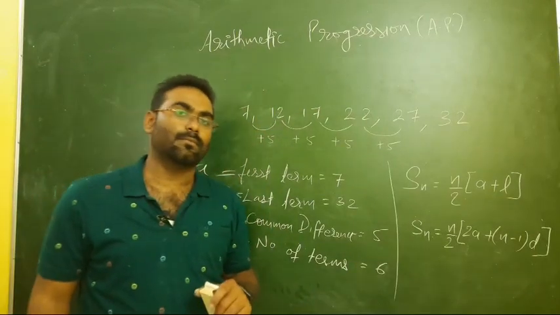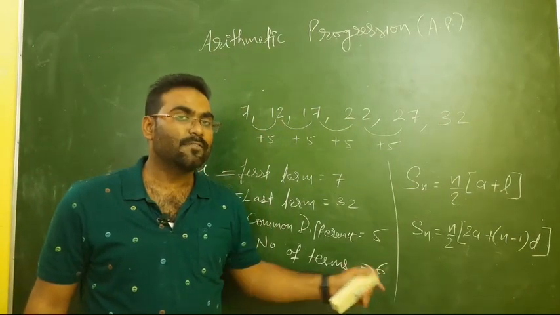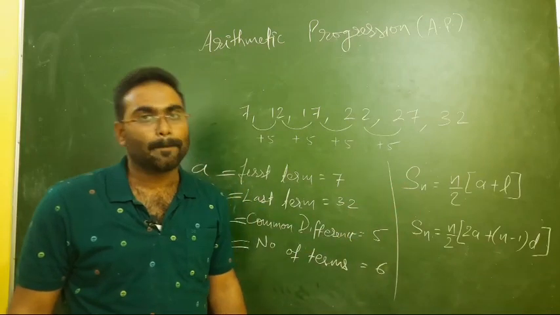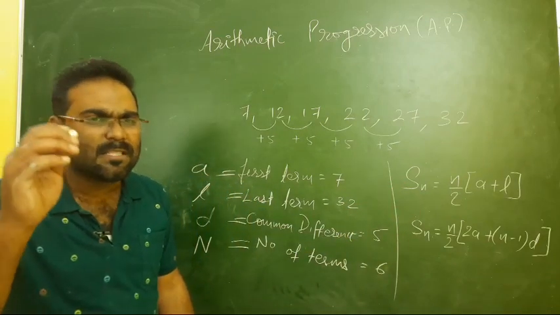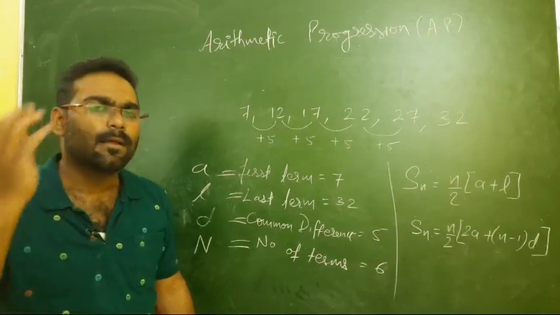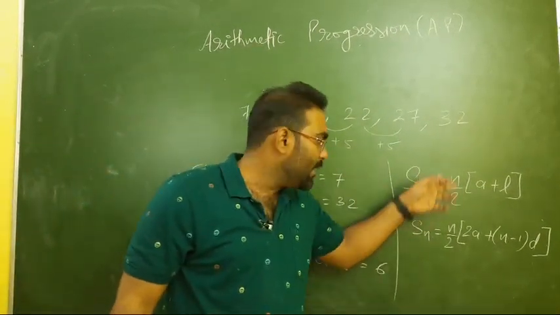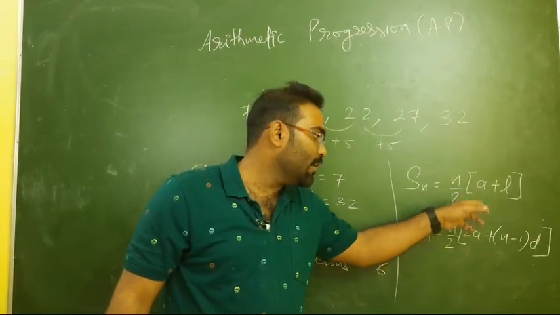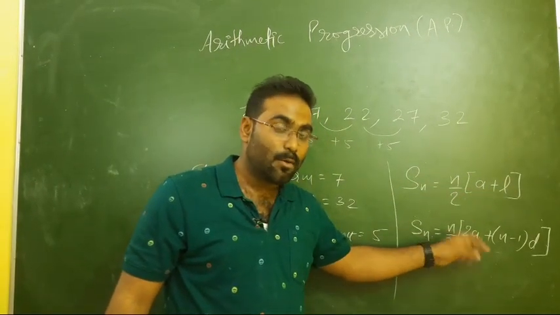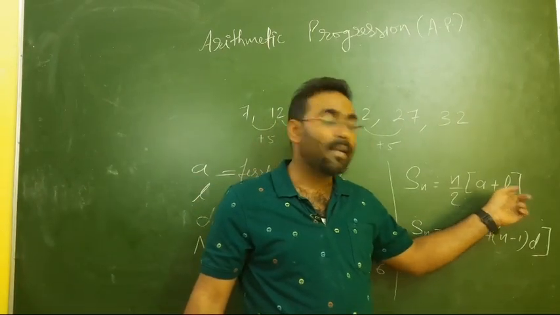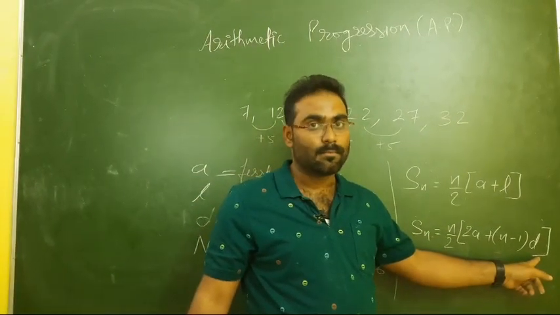If I ask you the difference between the two formulae, you would say that Sn is the same, n/2 is the same, and a is also here. But what is the difference? Here we have the value of l, but here we have the value of d.